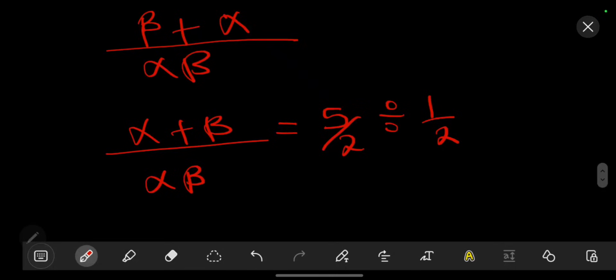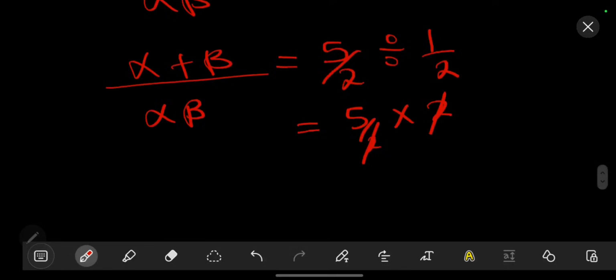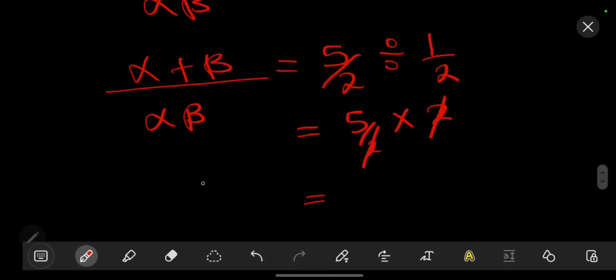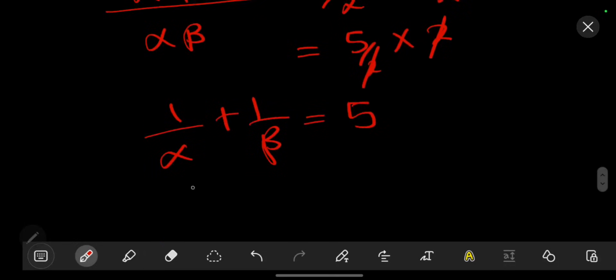Remember these values, we are going to be using them throughout this same example. So we are going to have 5 over 2. Then we multiply. The 2 will go up like that. So this one and this one goes. So the value of the equation, which was 1 over alpha plus 1 over beta, should be equal to just a positive 5. So this is our answer for this one we have evaluated.